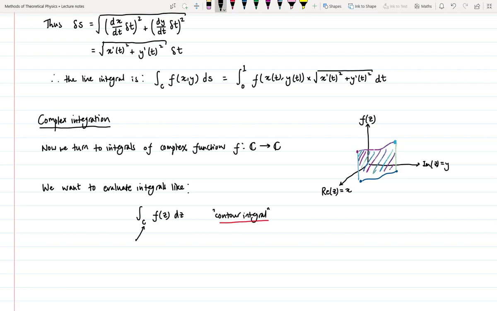Here the path c is called the contour in the complex plane.